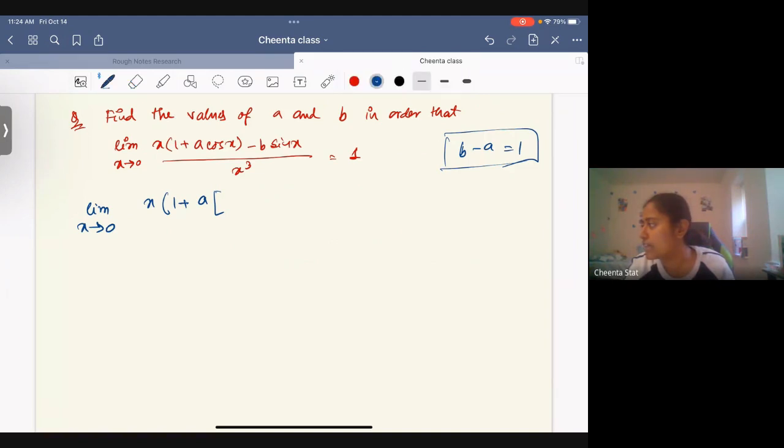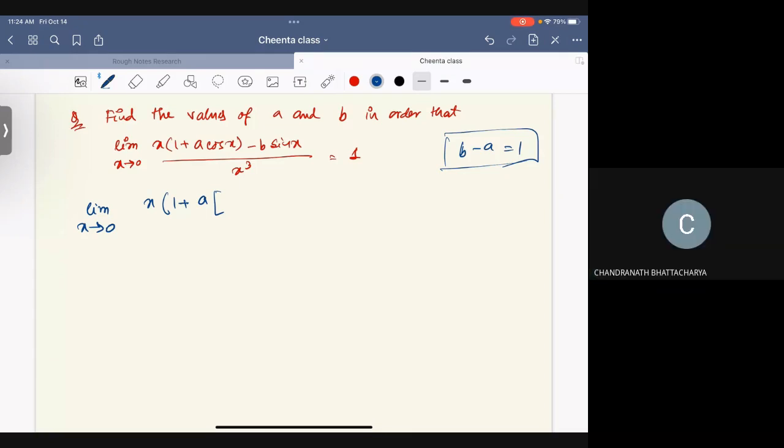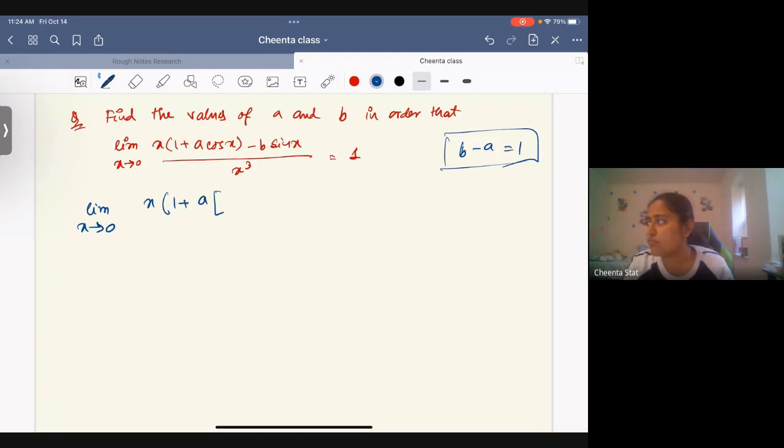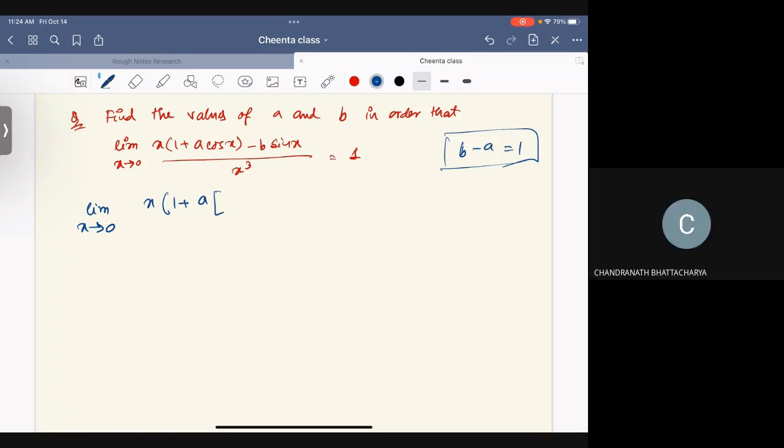If you don't mind, can anyone answer? Ma'am, in the previous slide we got the last line, then we can apply L'Hospital rule again.